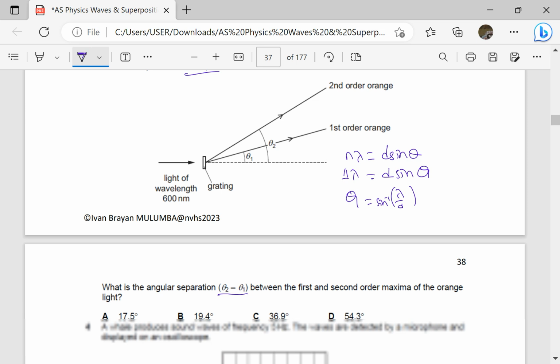Then θ2. Let me first wait before doing that, because I may need to divide. Then for the second one, n is 2, the wavelength is lambda, equals d sine of theta 2. So we divide the two equations, or we can substitute the first equation into the second. What is the angular separation between the first and the second order maxima?